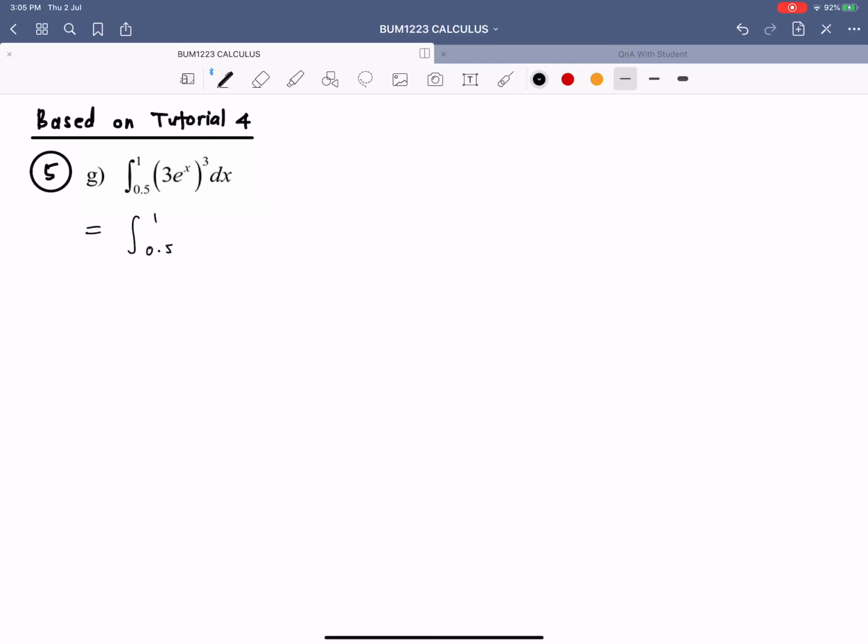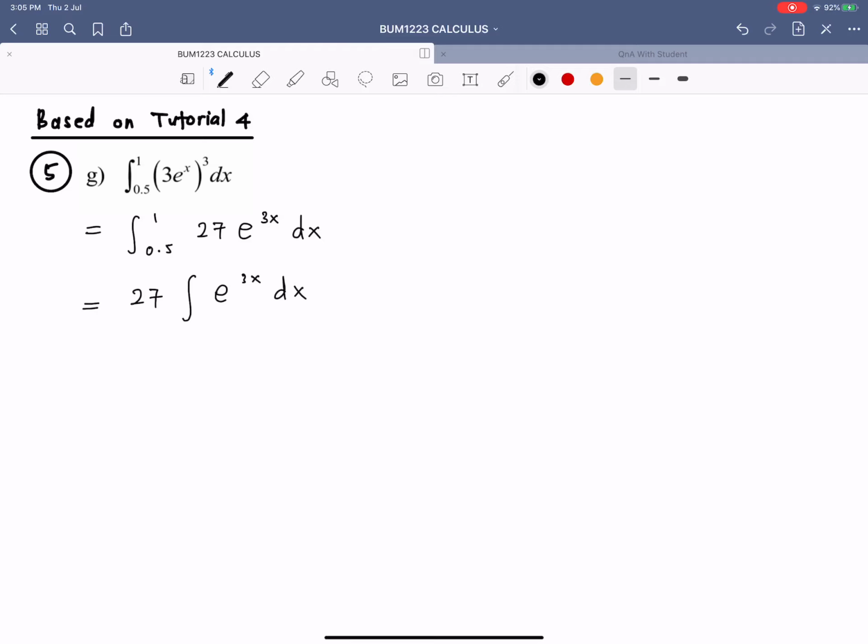We will rewrite this first. So 3 cubed is 27, and e power of x cubed is e power of 3x dx. We have the constant 27, so we will factor out 27, e power of 3x dx.